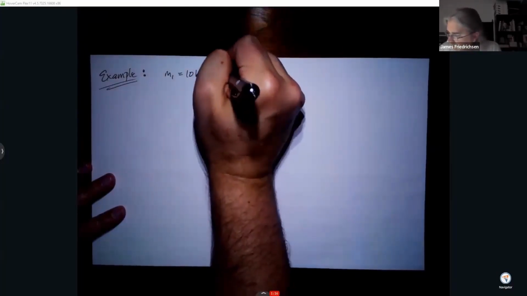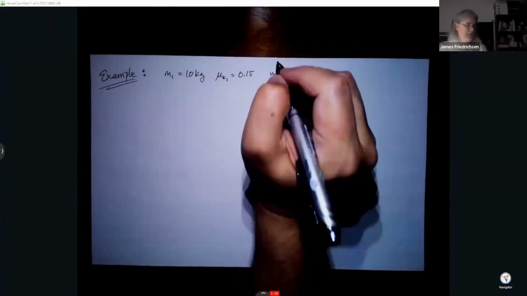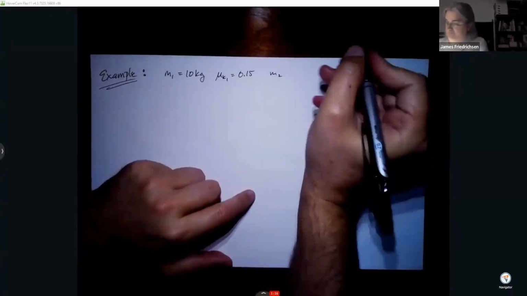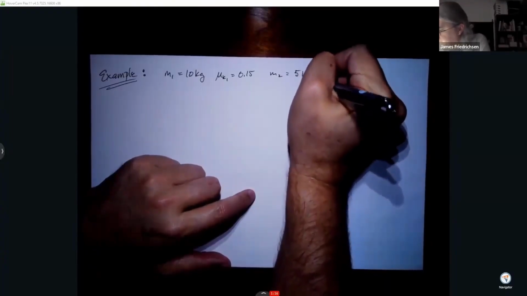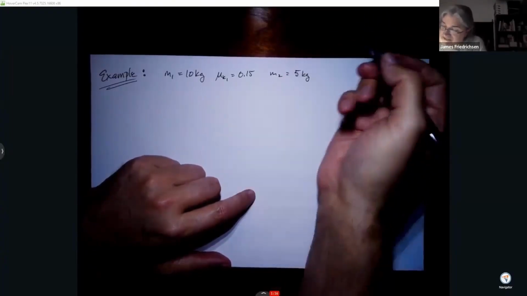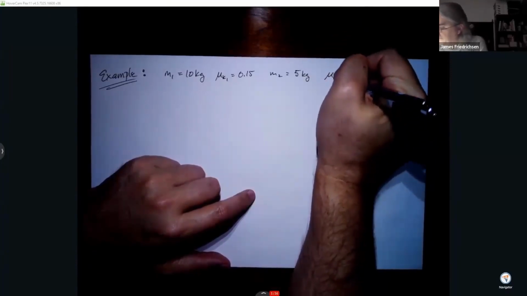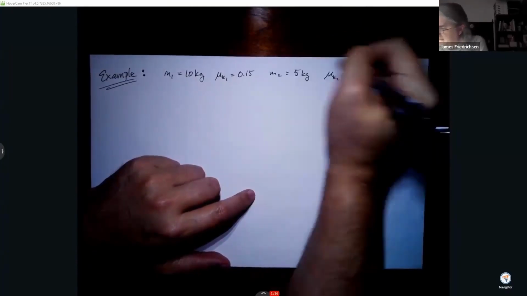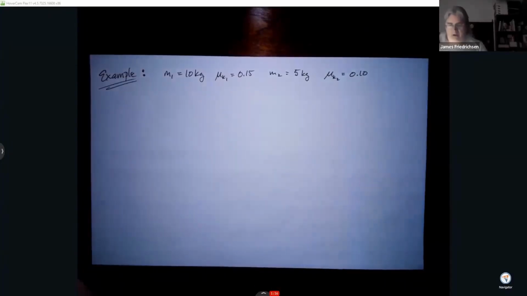And I said that the coefficient of kinetic friction between that box and the table was 0.15. And then we're going to have my second box, which was smaller, so I'll make it 5 kilograms instead. And since it's made out of different stuff, it could have a different coefficient of kinetic friction. Let's say it's, I don't know, 0.10. Okay. All right.